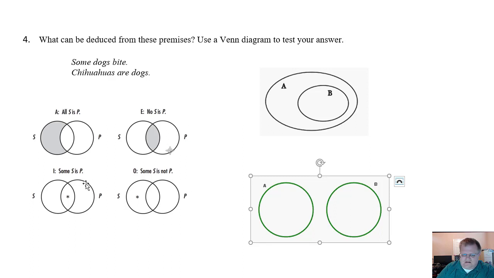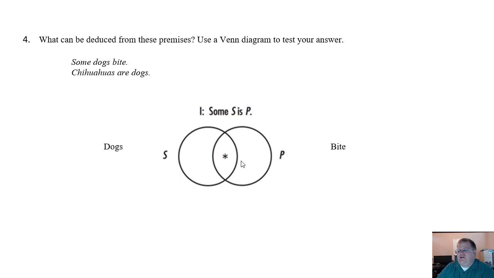So I'm going to copy this and get rid of all this other stuff. But you do want to review the different types of Venn diagrams that we've looked at in this course. Okay, so now that we're staring at the specific illustration of our specific question, and again, you don't want to think, oh, he's just going to ask this. But our question is about what can we deduce from this.